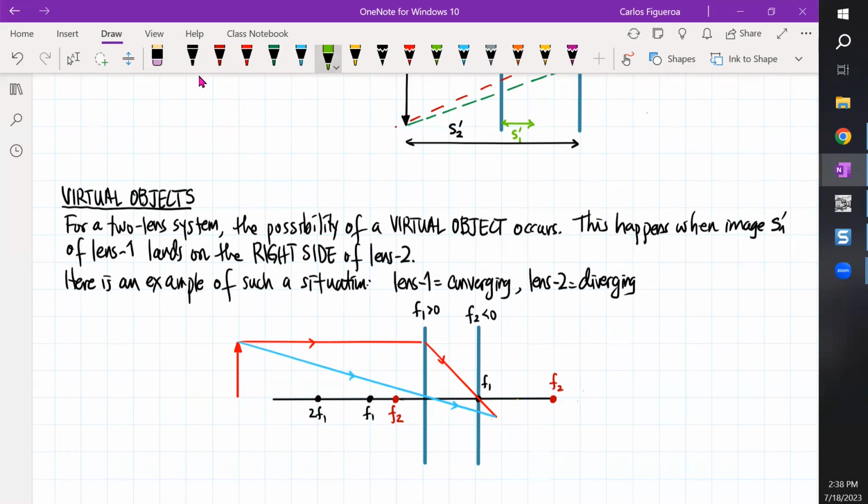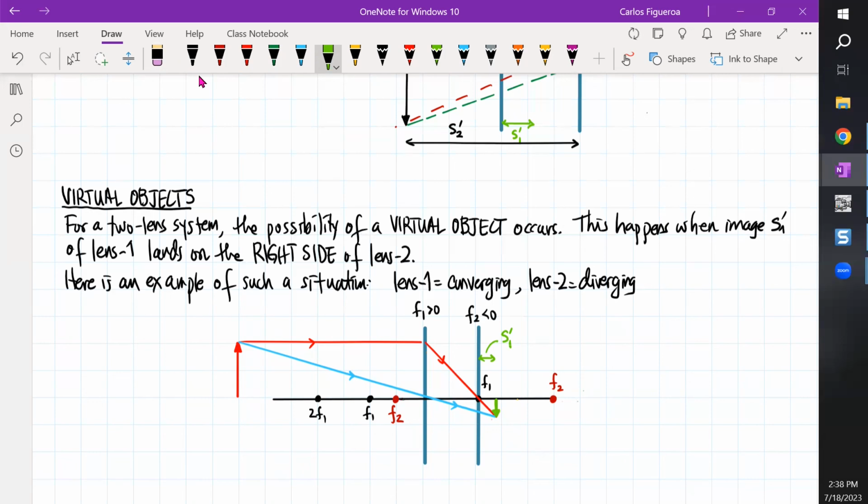So now I have an image, and this is the image. And look what happened: this guy is on the right side of the second lens. That tells you that that's a virtual object.